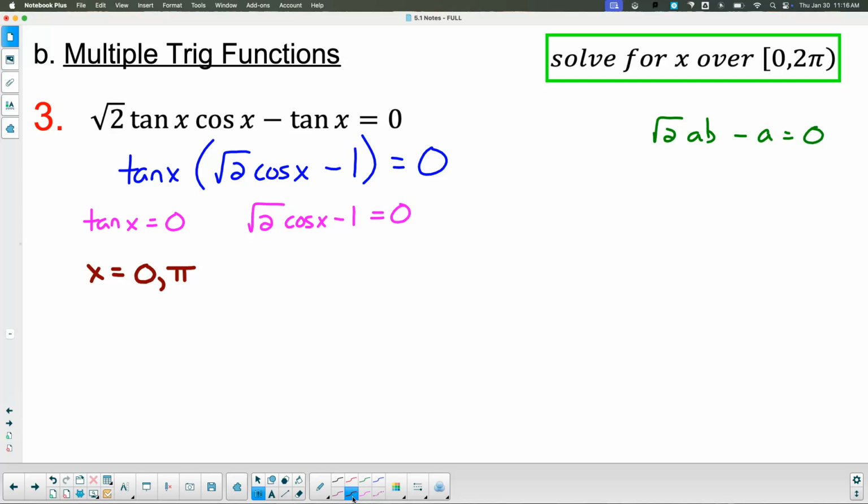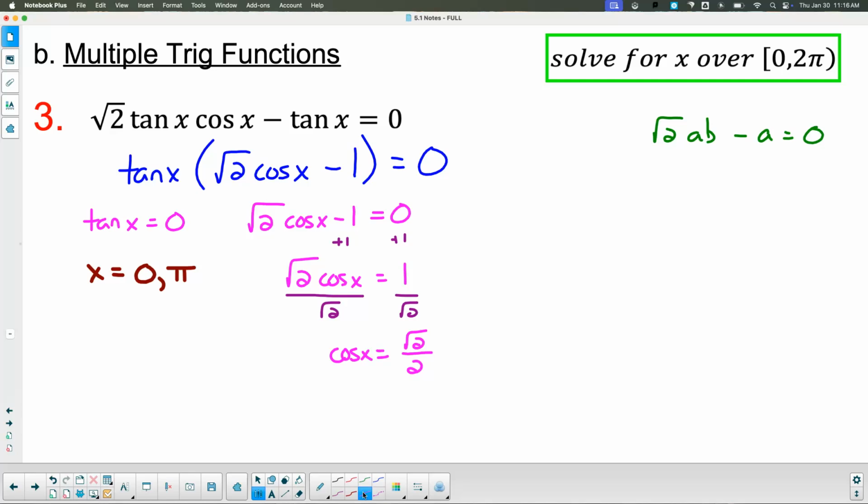Moving on to this one, I got to solve this one for cosine. First thing that I'm going to do is add 1. Then I'm going to divide by square root of 2. So I get cosine of x is equal to the square root of 2 over 2.